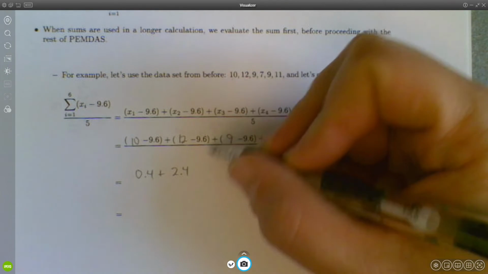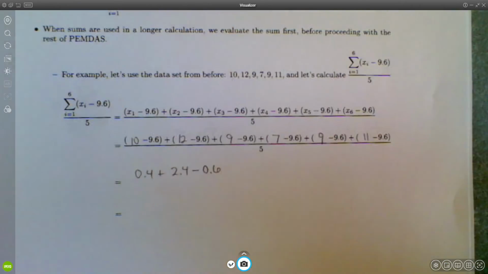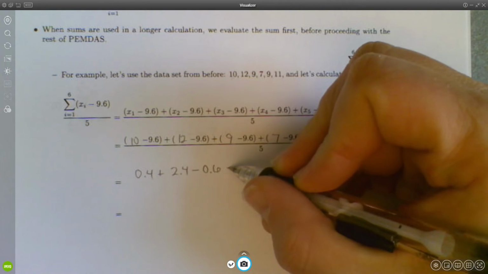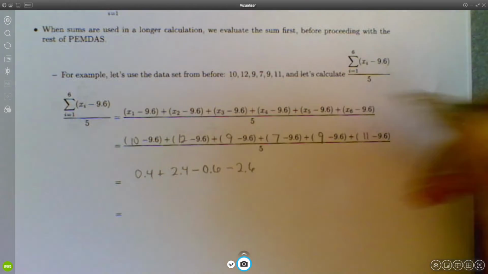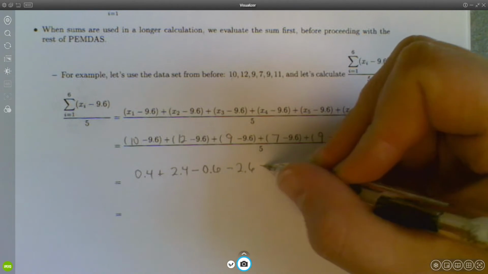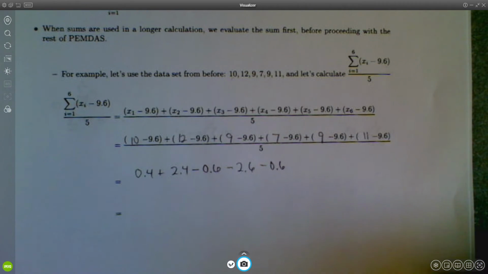So I'm just going to change this addition to a subtraction since it's a negative 0.6. 7 minus 9.6 is negative 2.6. 9 minus 9.6 I just did a second ago. It's a negative 0.6. And 11 minus 9.6 is 1.4.